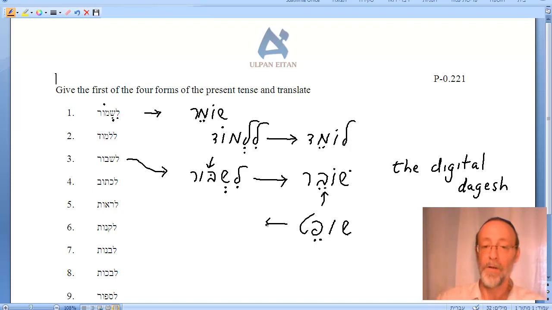So I got to remember my concept of the digital dagesh. And what's my concept? My concept is I'm going to stick on the lamed first of all, because I'm making an infinitive. One dot underneath it. I'm carrying over my shin, which is my first root letter, putting two dots underneath it.